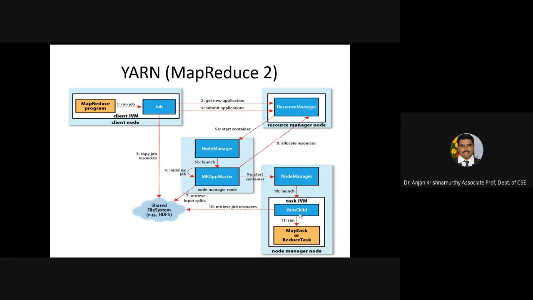So these are the different ways, or anatomy, of how a job gets executed in MapReduce 1.0, MapReduce 2.0, and MapReduce 3.0. MapReduce 3.0 is not in the ambit of our course, but still it is very important that we understand the latest trends in the Hadoop system.